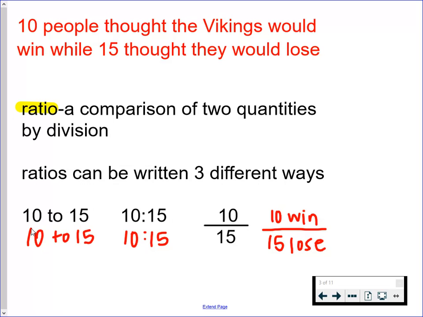So a lot of times when it's written as a fraction, it's not actually a fraction, and people label it to help you understand what they are talking about. Yes, you can go back and simplify. 10 to 15 people would be the same as 2 to 3. Definitely pause if you need more time.